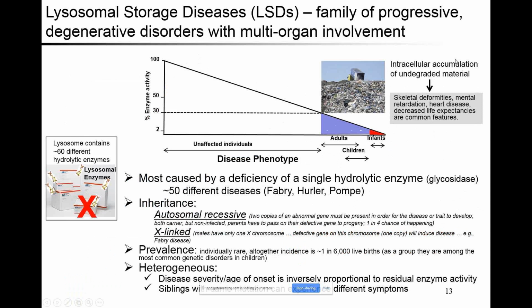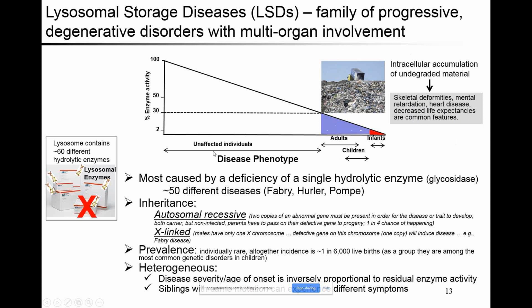This results in intracellular accumulation of undegraded material. Some of the symptoms patients have include skeletal deformities, mental retardation, heart disease, and decreased life expectancy. These are common features among many of these diseases, and they affect many different organs.